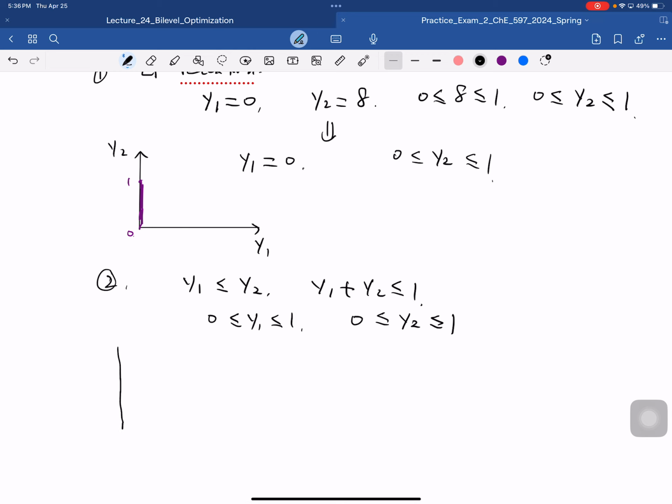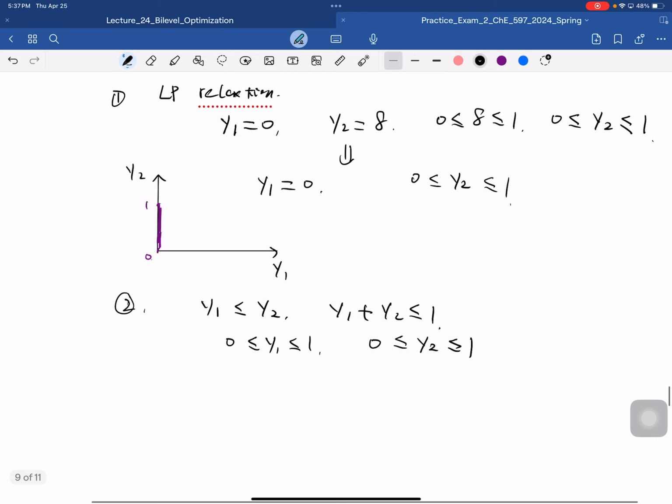You can also draw a plot very quickly. This is y1, y2. Then we have y1 less than or equal to y2.